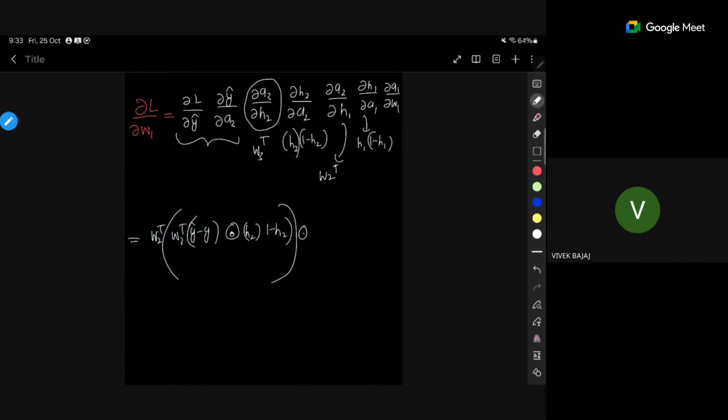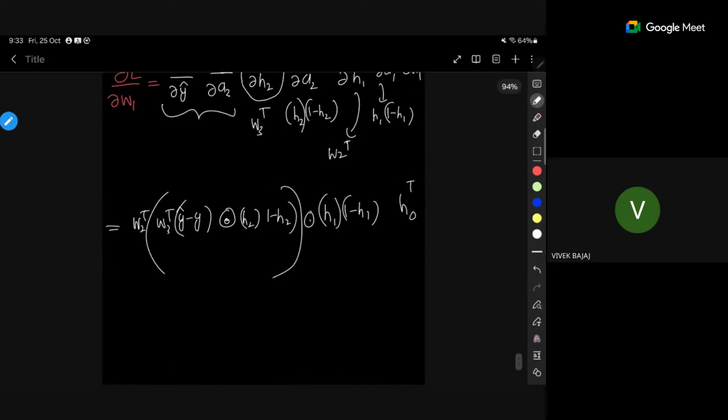W2 transpose, right? Then element-wise multiplication with what? H1 times 1 minus H1. The last one is H0 transpose, or X. So X transpose, or you can write H0 transpose. This is what you have to solve in the end if you want to figure out the last layer.